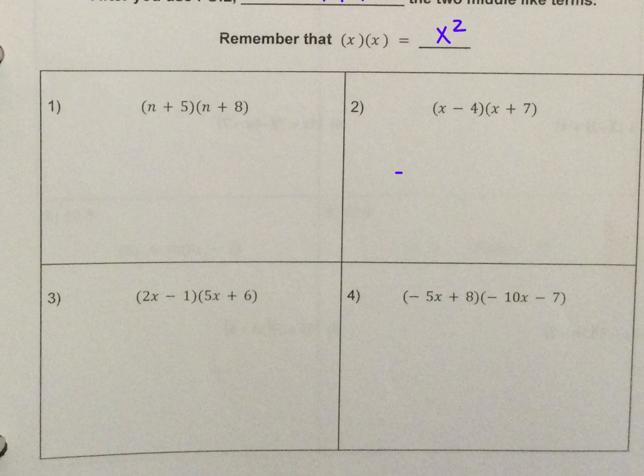I start with my F, first. N times N is N squared. Here's my O, outer. N times 8, so it'll be plus 8N. Inner, 5 times N, plus 5N.